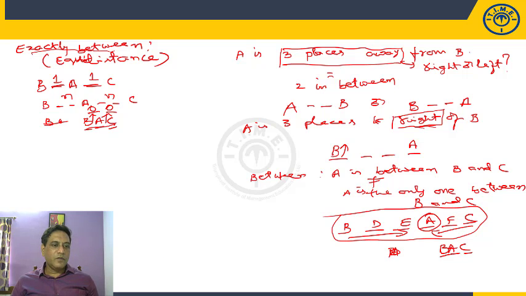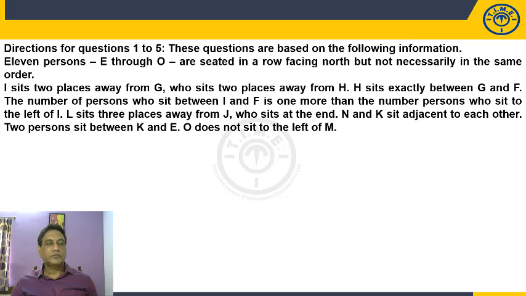Now, we will go to the actual puzzle. Directions for questions 1 to 5. These questions are based on the following information. 11 persons E through O are seated in a row facing north.